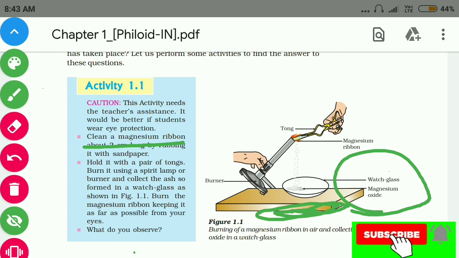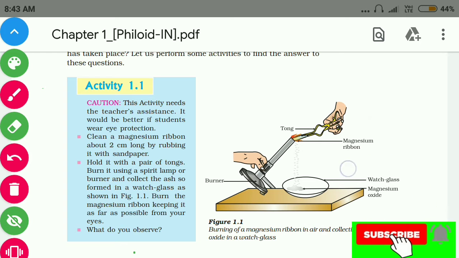So this activity shows how a chemical reaction takes place, and how its product and equation can be written. I am showing the equation on the coming page.